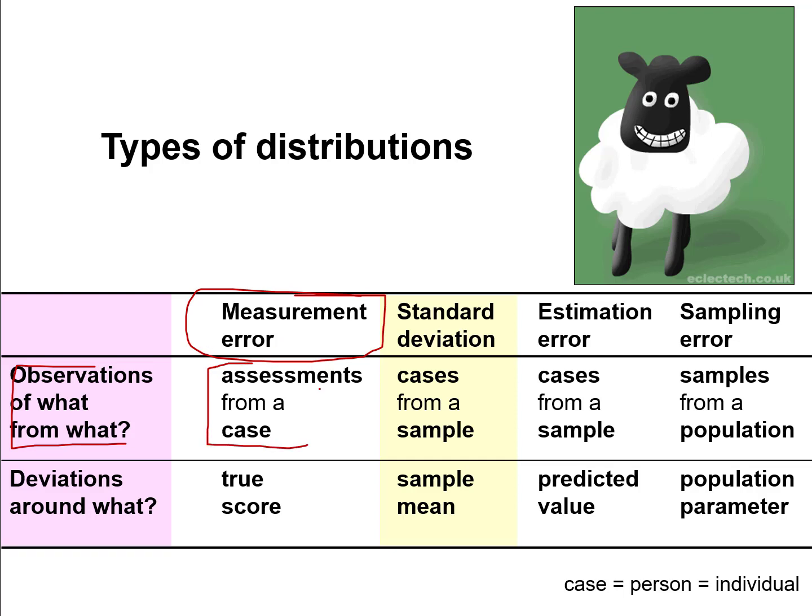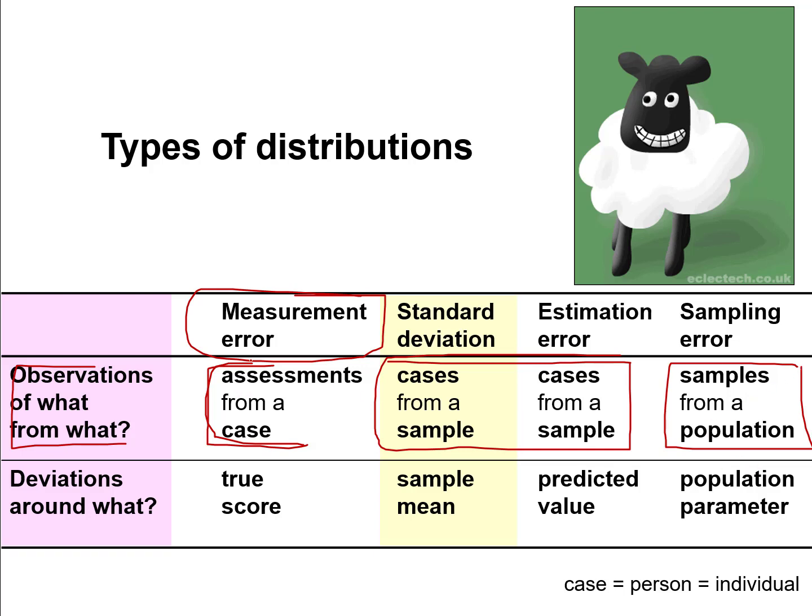And if we notice this nesting pattern, with standard deviations and estimation error, this was observations of cases nested within a sample. And with sampling error, well, that's the last thing we'll look at. We'll see that's going to be observations of samples nested within a population.